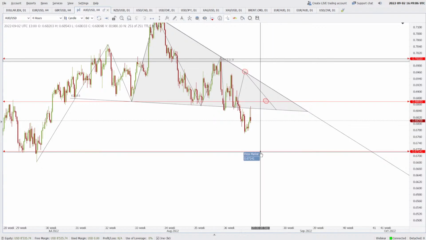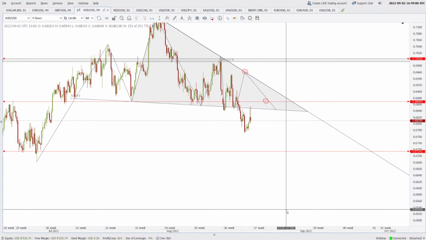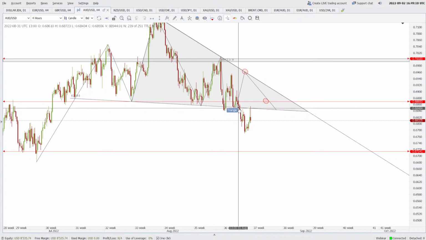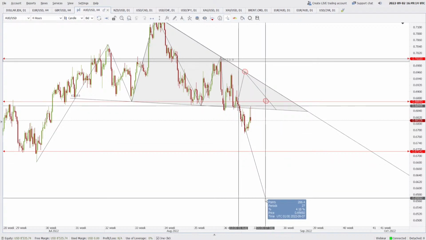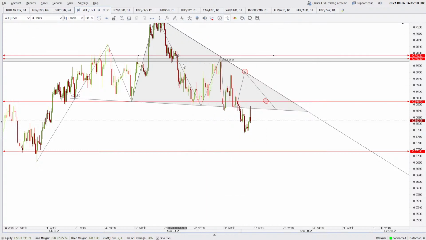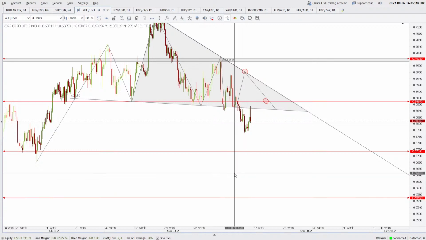So first we will be targeting this one, then 280 points, right? 0.6568. So I will mark it on my chart, 0.6570, or 0.6569.